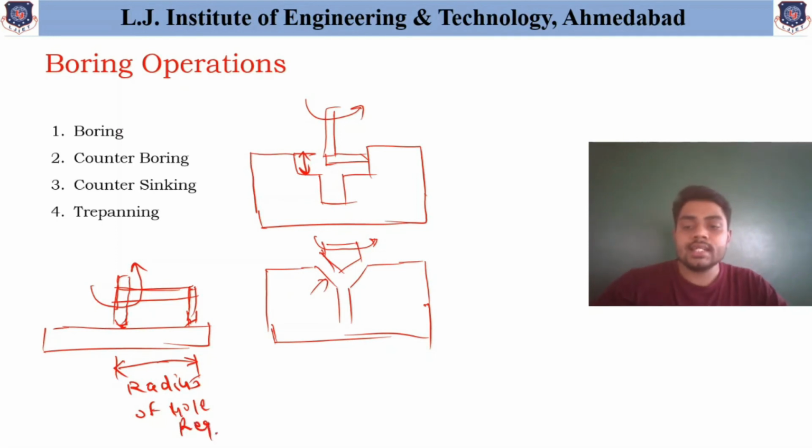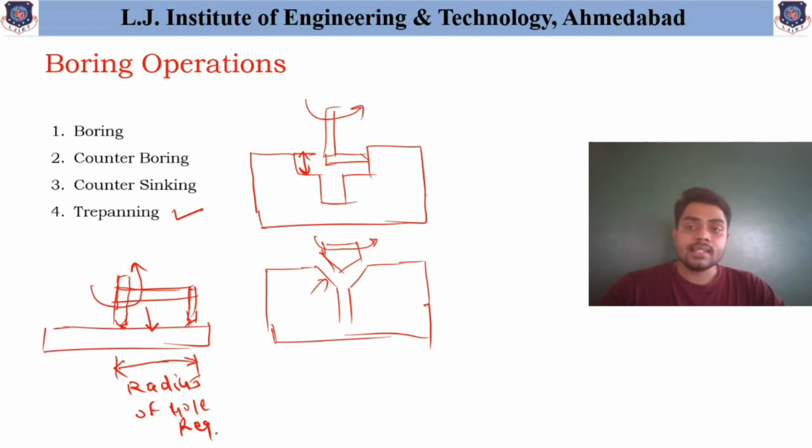By rotating this single point cutting tool on the workpiece, one can remove the material from that particular periphery, and then by applying pressure on the center portion we can remove that particular stock. This is how a large diameter hole on the workpiece is obtained, and this operation of obtaining a large size diameter hole by using a single point cutting tool is called the trepanning operation.